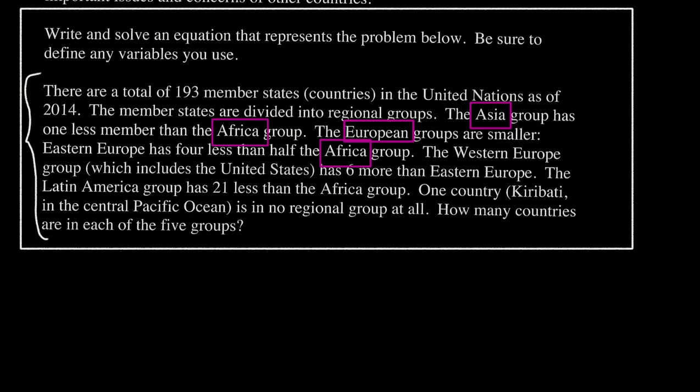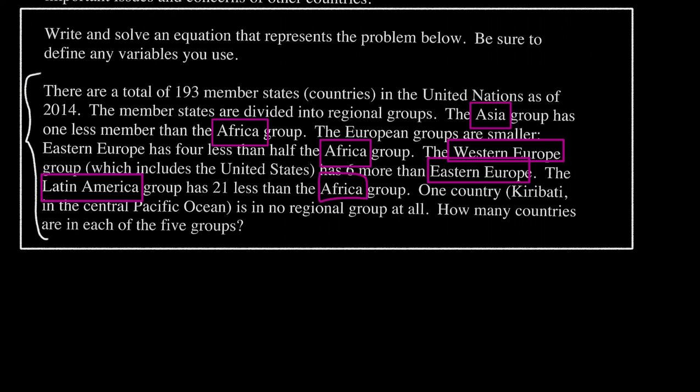Okay, so I'm wrong. There's a Western European and there's an Eastern European group, right? So maybe I'm not going to talk about the European groups because there's more than one of those. There's a Latin American group. There's one less than the African group.